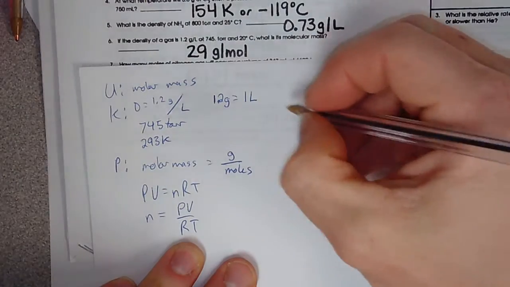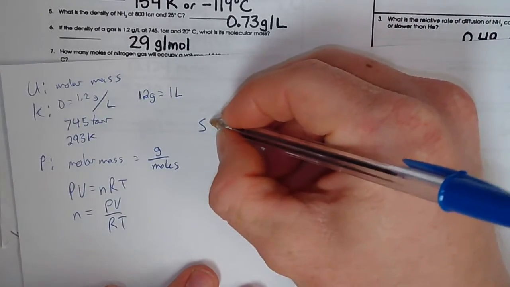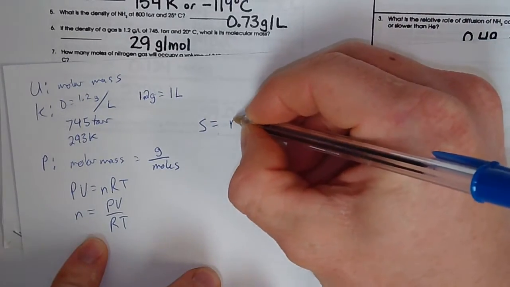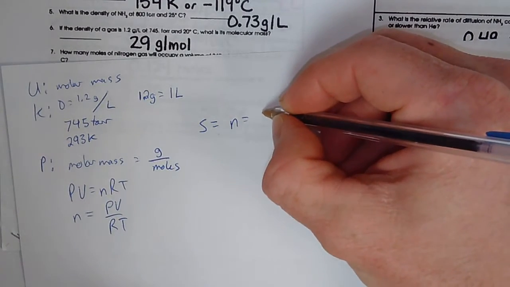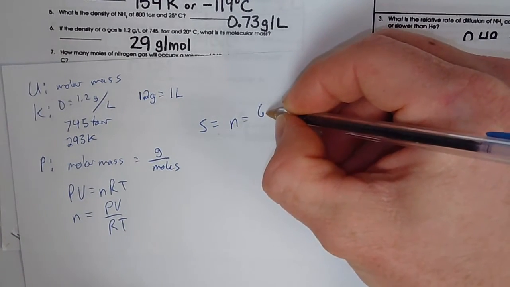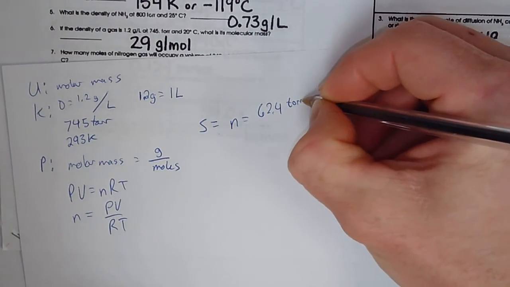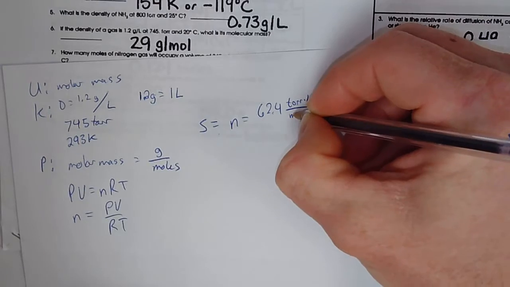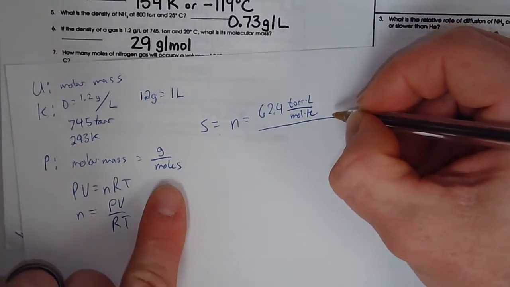And let's do our solve. And let's see, we're working with torr. So let's do 62.4. Okay.